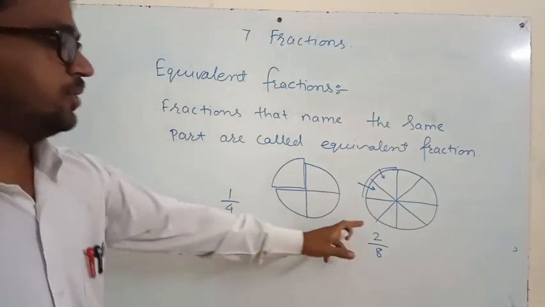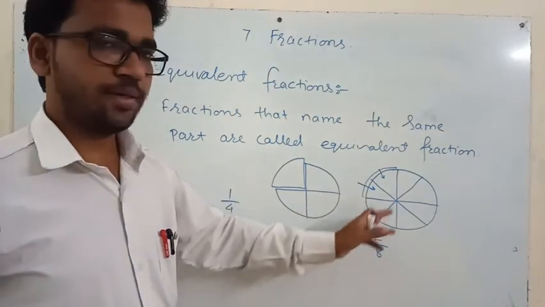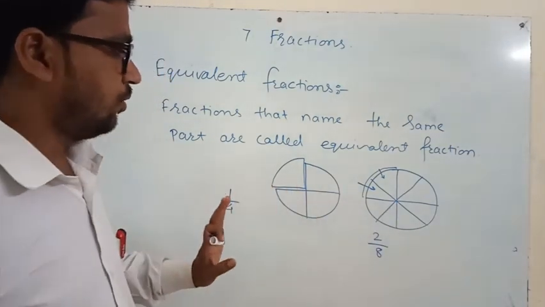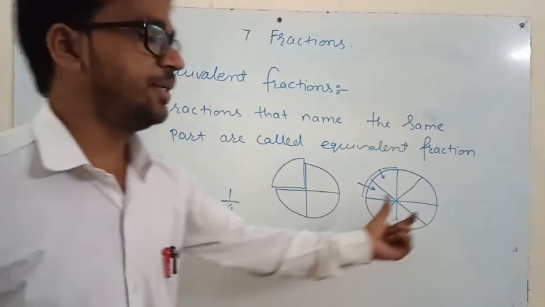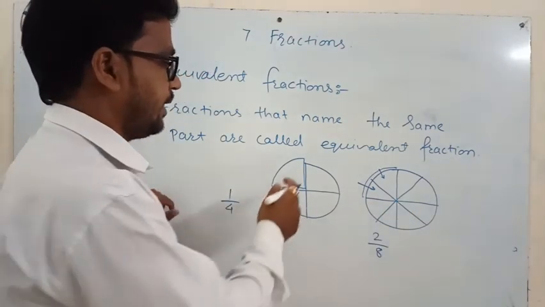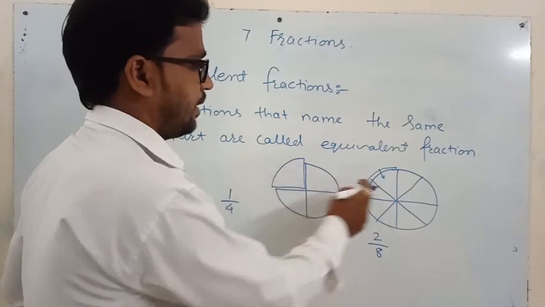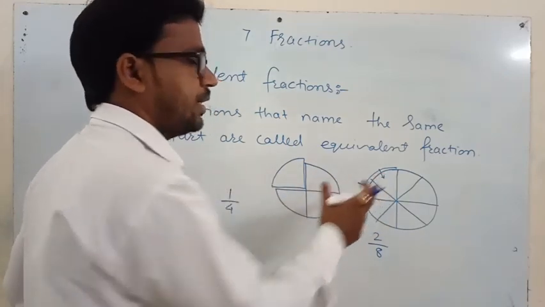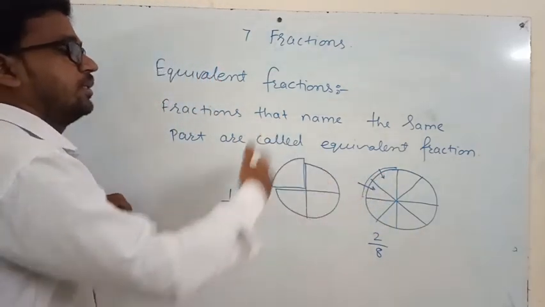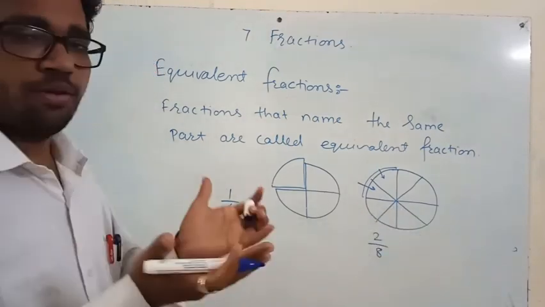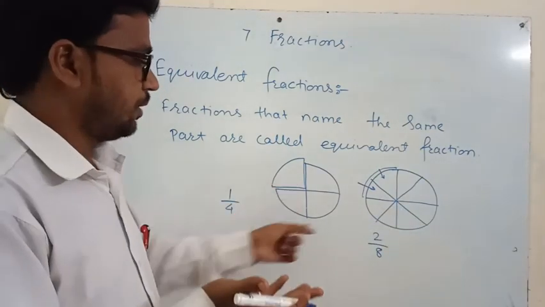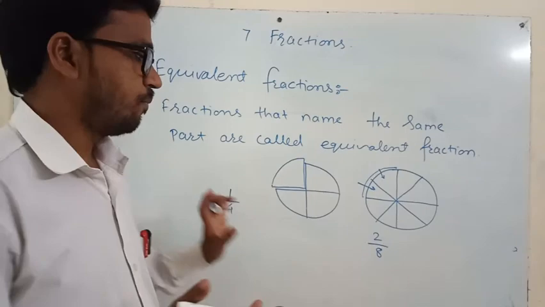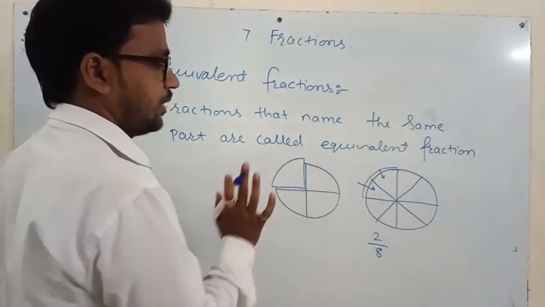Two parts from 8 equal parts. Now if we compare both pizzas, we get that this one part and these two parts are the same, because both pizzas are of the same dimension. So if both pizzas are the same, then their parts are also the same.